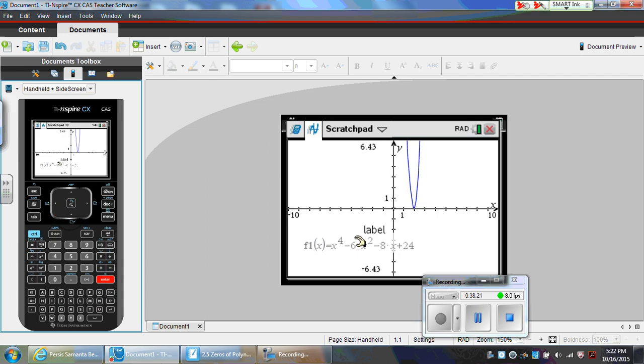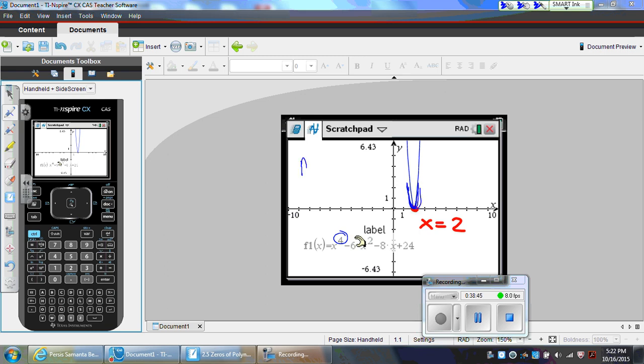Now what I can see here is that x equals 2, it is a rational zero. I could see that clearly. However, the degree of this polynomial is 4. So we know that we can have 4 zeros. We do have 4 zeros. But one thing that I noticed is that the graph is touching the x-axis and then it's turning around.